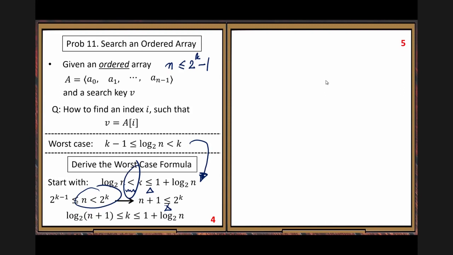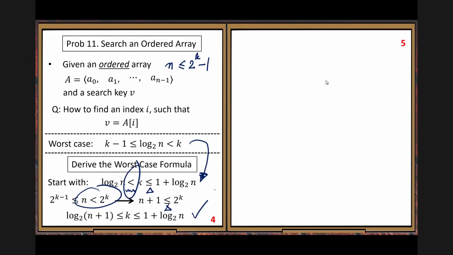We get log base 2 of (n plus 1) less than or equal to k less than or equal to 1 plus log base 2 of n. This time, this inequality has both sides containing the equal sign. So that's the best that we can get.